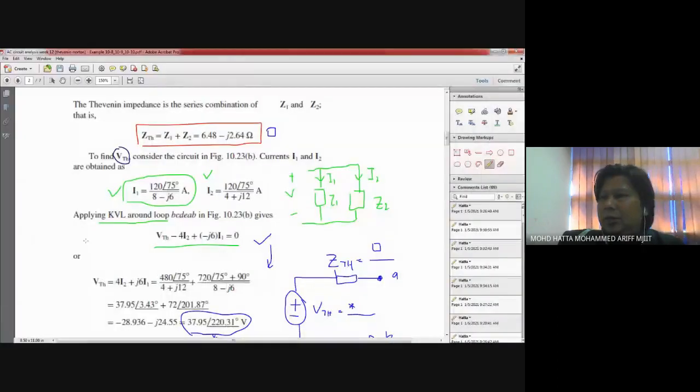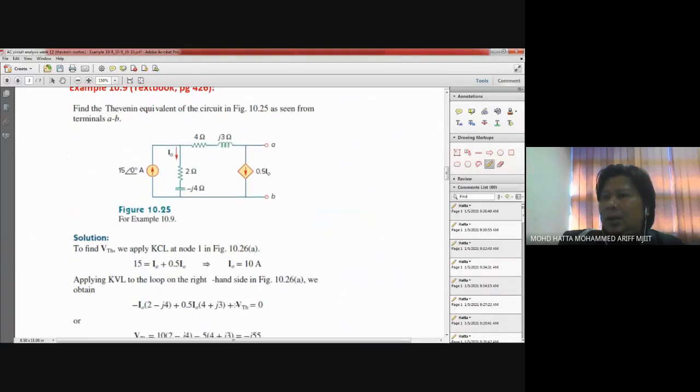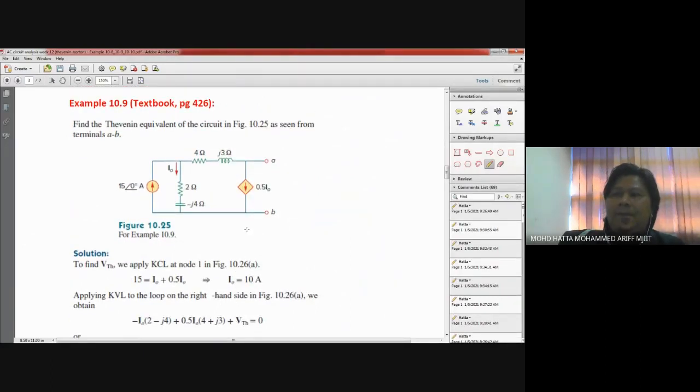We return back to the solution. In order for us to find the value of VTH as well as ZTH, it doesn't matter whether you calculate VTH first and later ZTH. You can calculate ZTH first and later VTH, or you can also calculate VTH and later ZTH.